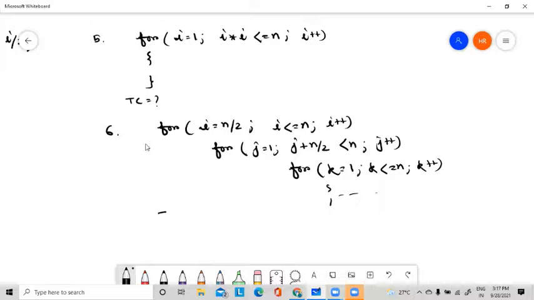You have to calculate the time complexity, okay. So these 6 problems, try to solve the time complexity for these 6 problems, okay.